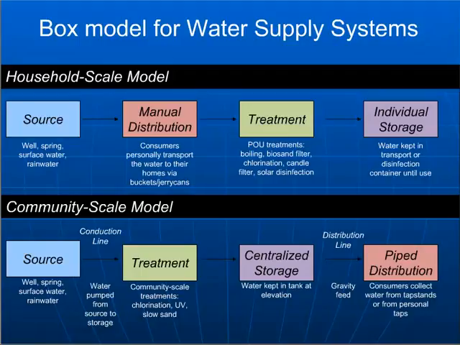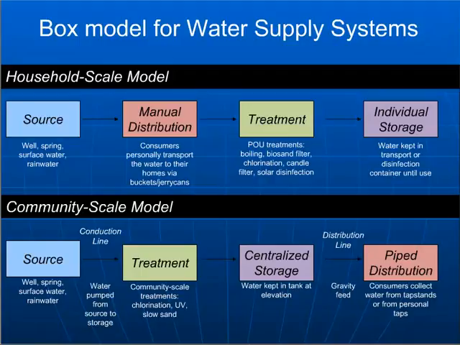And so this model is contrasted with the community scale model, where again the source options may be similar, either a well, a spring, surface water, or rainwater harvesting, but then in the community scale model, typically some type of treatment is provided on a large scale, either through chlorination or slow sand filtration, and then that water, once it's treated, is stored in a centralized tank and then distributed through some type of piping system.